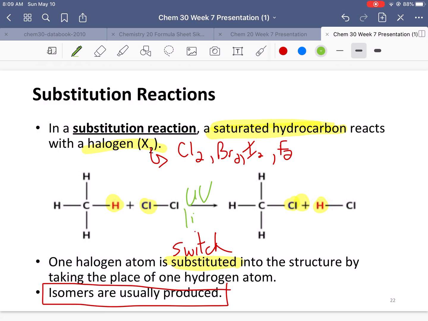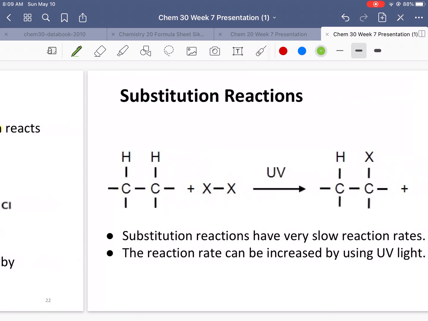Most common catalyst we use for these is UV light. Now, if you remember back to the first unit, and if you've taken biology, this is familiar too, catalysts lower the reaction energy required. They do not change the products in any way, shape, or form. They just make it easier for the reaction to go to completion. It makes it easier to get to the products.